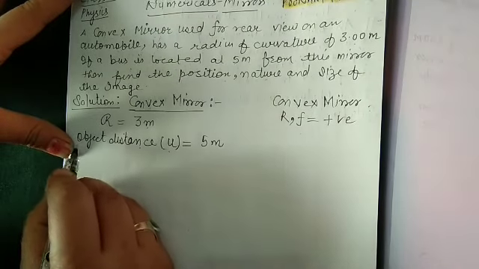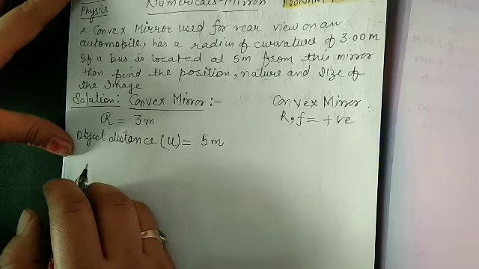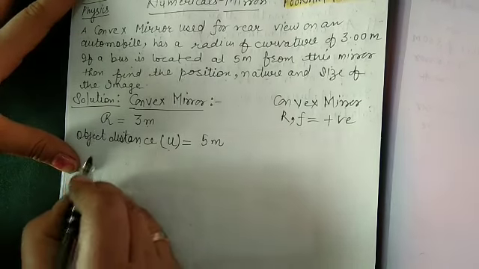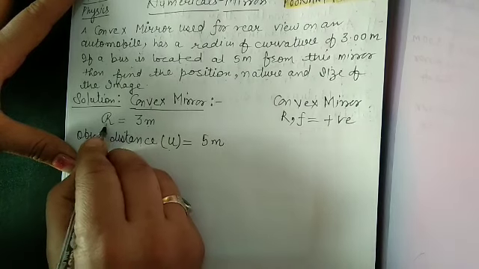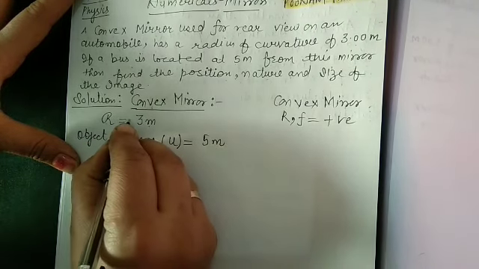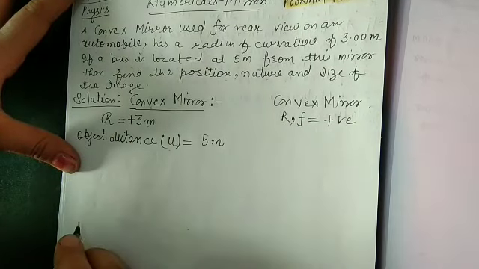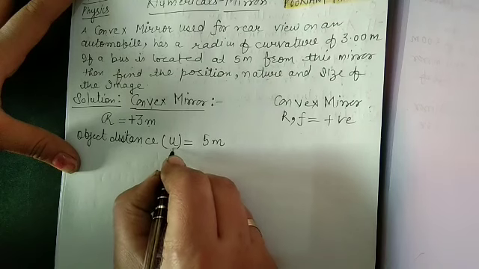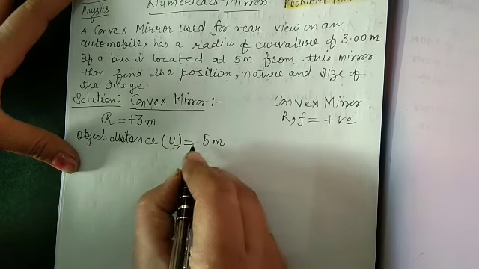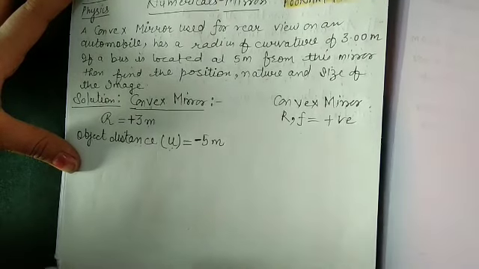Now, sign conventions are to be followed, so each and every term must be mentioned with proper sign. I am dealing here with a convex mirror. For convex, radius is considered positive, so it is plus 3 meter. Object distance, represented by the symbol u, is always negative, so it will be minus 5 meter.